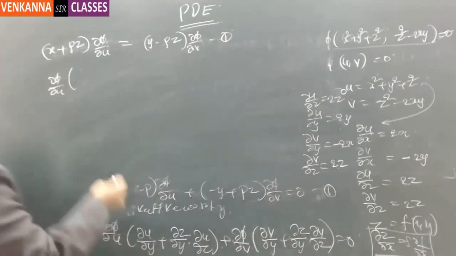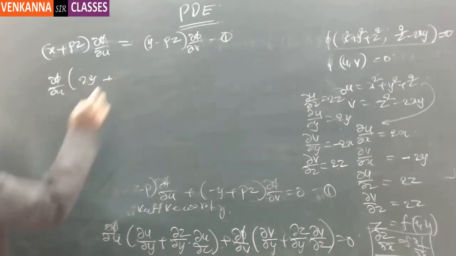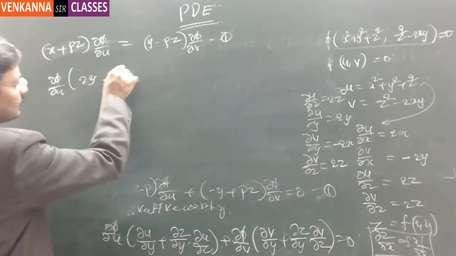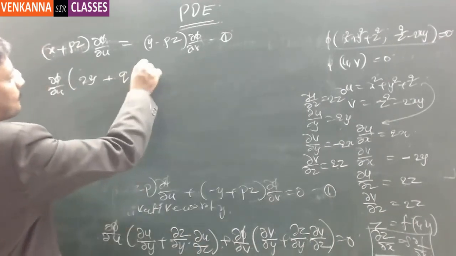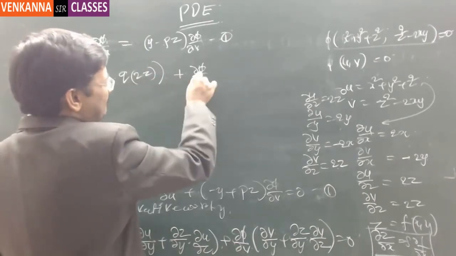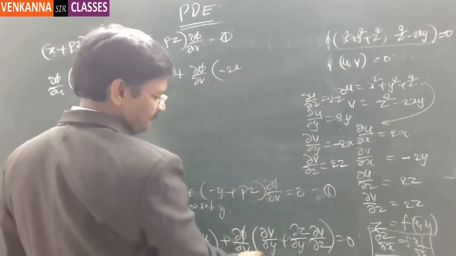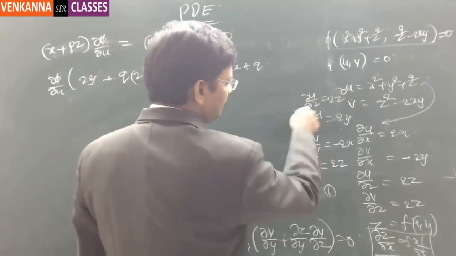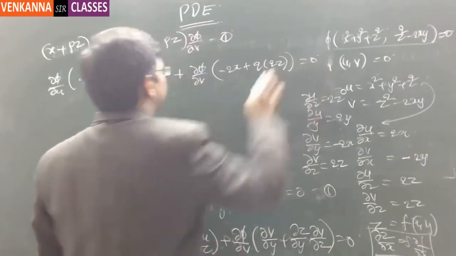So if I put it here, dou u by dou y I can write as 2y plus dou z by dou y, which is q, into dou u by dou z, which is 2z, plus dou phi by dou v into dou v by dou y, which is minus 2x, plus dou z by dou y, which is q, and dou v by dou z is 2z, equal to 0.